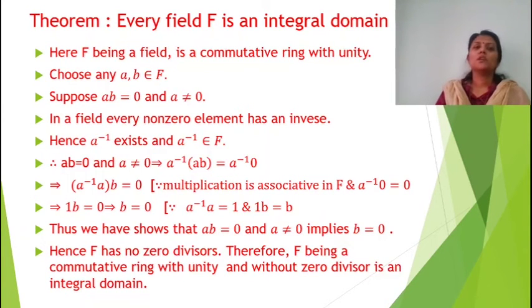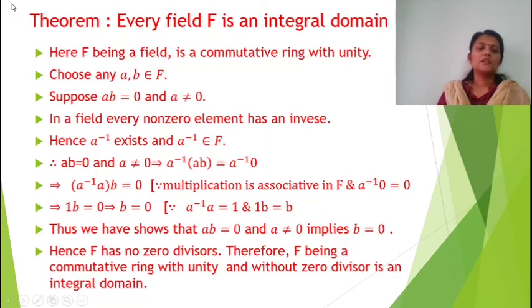Now we have the theorem: every field F is an integral domain. In every field, it is a commutative ring with unity. Now we have to show that the field F does not possess any zero divisors.